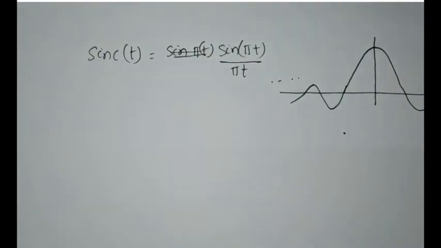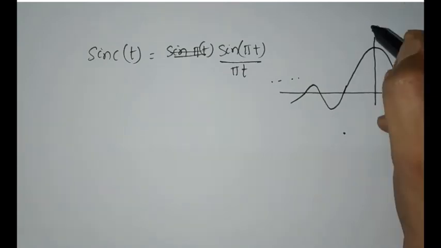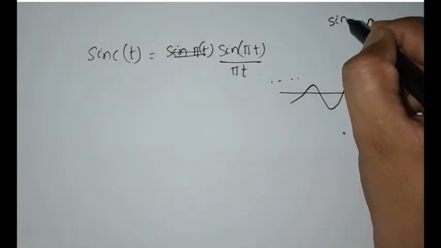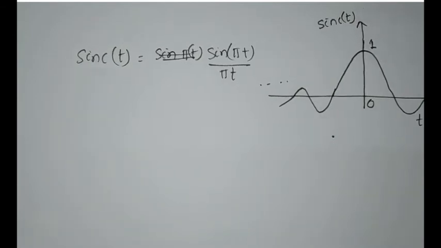Okay, so what is this value? This is 1. Clear? Now this is the representation of a sinc function. At t equals 0 it is 1.